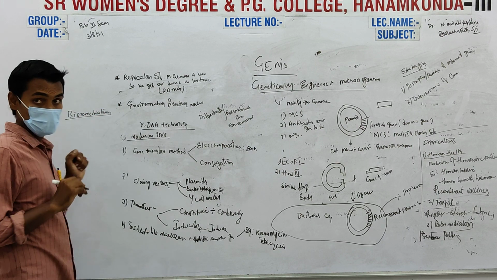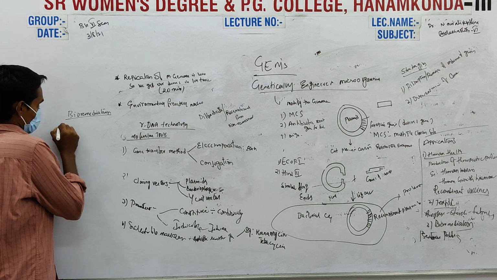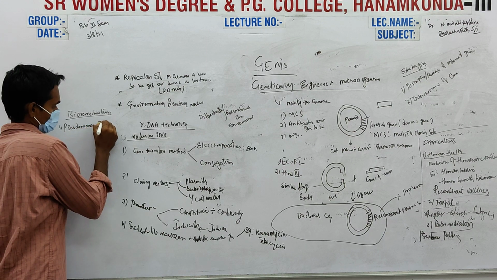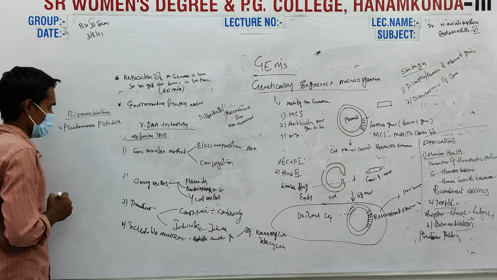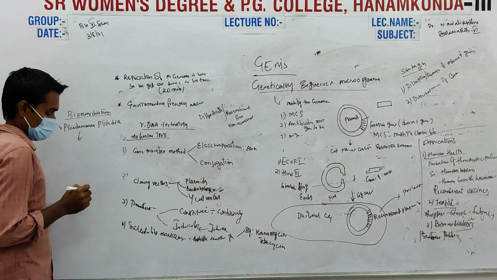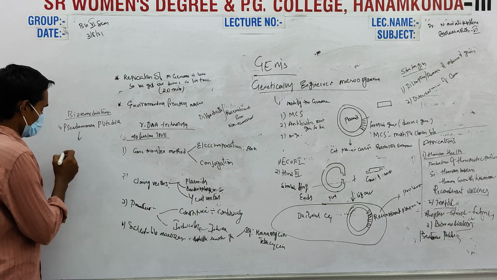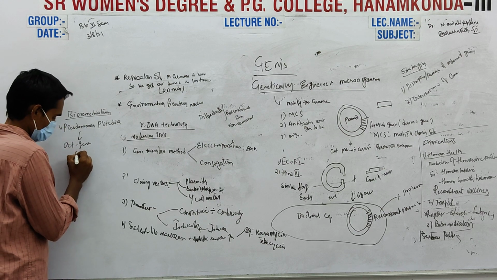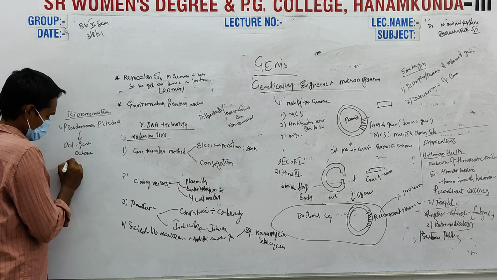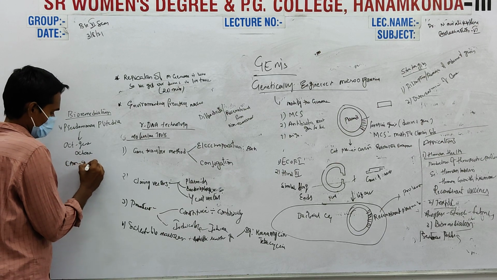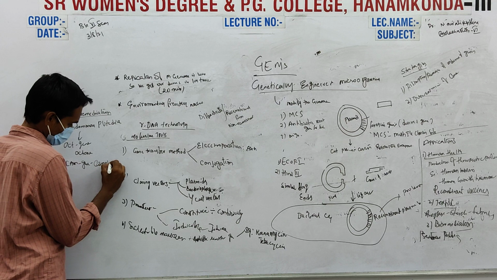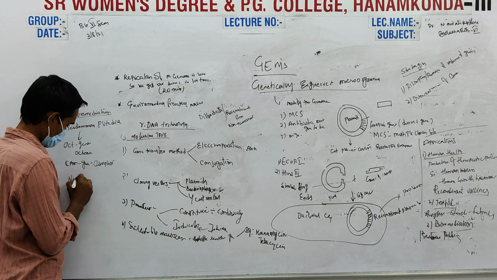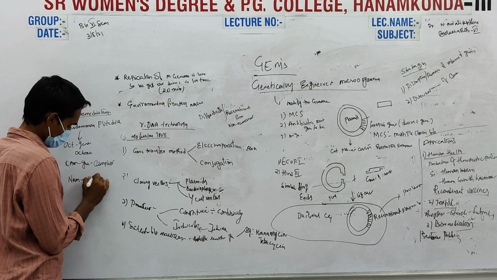So it is an important application of genetically modified organisms. Pseudomonas putida is a microorganism into which a lot of genes have been inserted. One is the opt gene, which breaks down octane. The cam gene breaks down camphor, and the nah gene breaks down naphthalene.